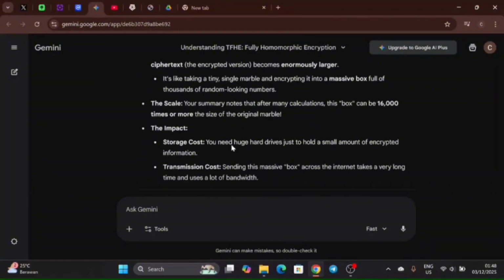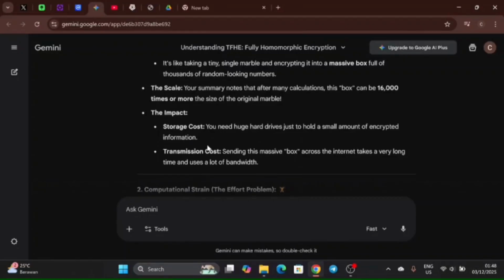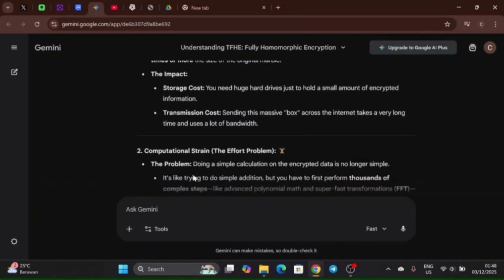The impact on storage costs: you need a huge hard drive just to hold a small amount of encrypted information. Transmission costs: sending this massive box across the internet takes a very long time and uses a lot of bandwidth.